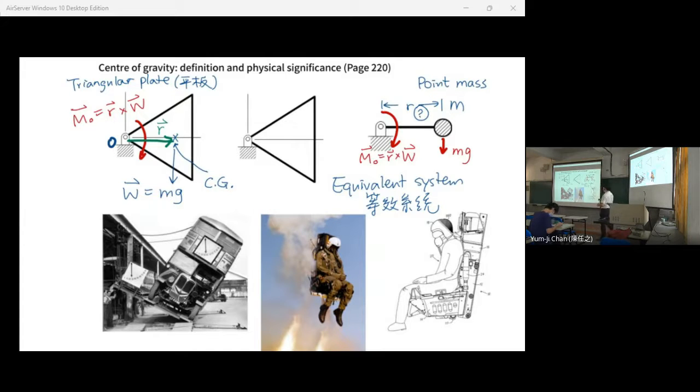So let me show you some example. Take your time to write them down first. So we have two examples here.